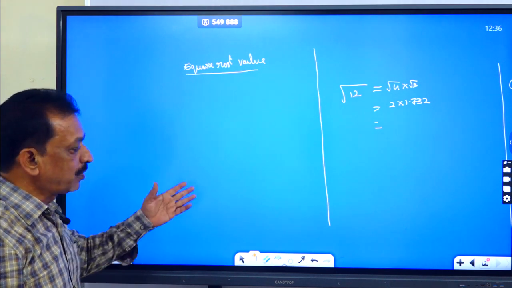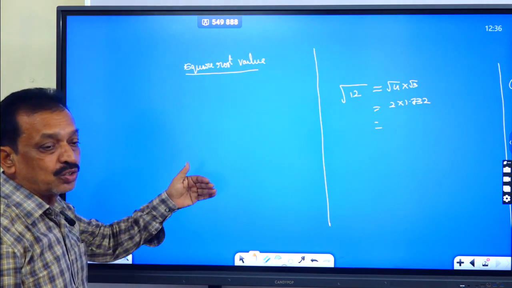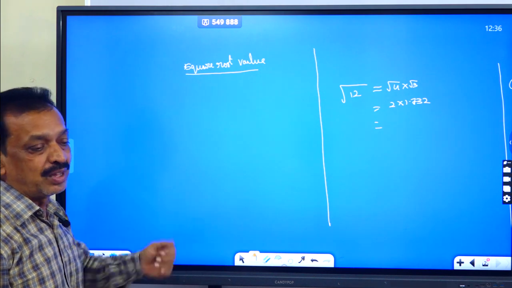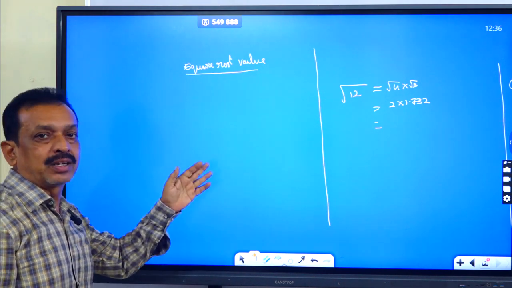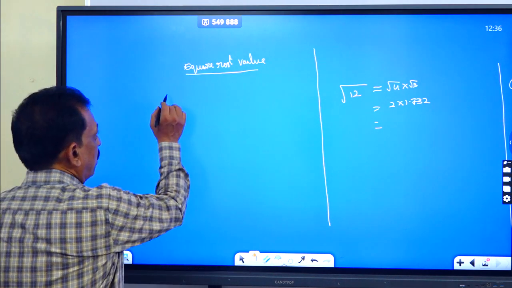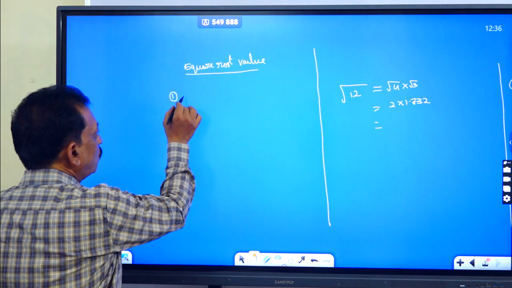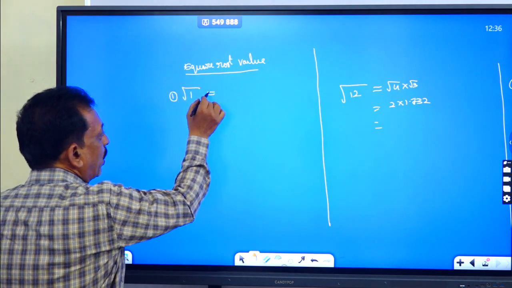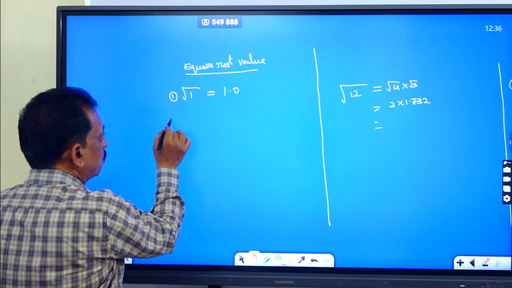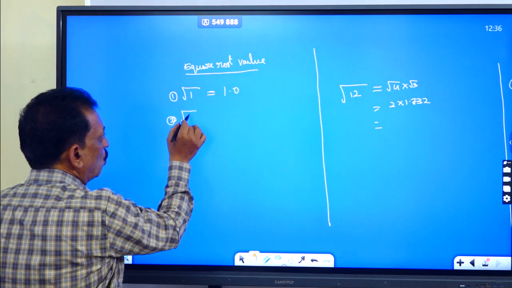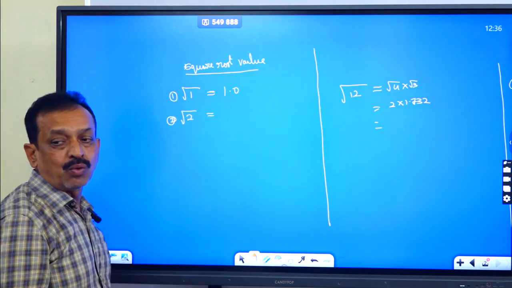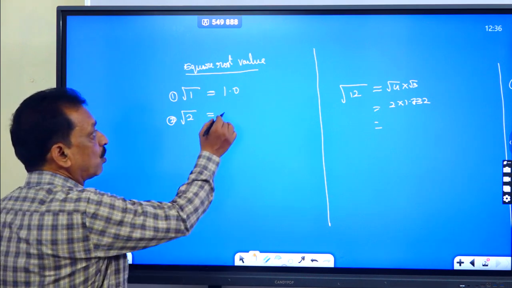After knowing this, after telling the square root values, I can also explain how you are going to find the root value, and the logical root finding method. Okay. Now coming to number 1, root 1 is equal to 1. You can say 1.0, no problem. Second, root 2 is equal to 1.414.